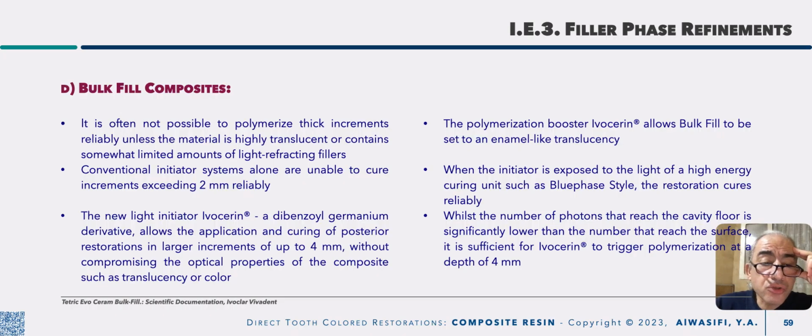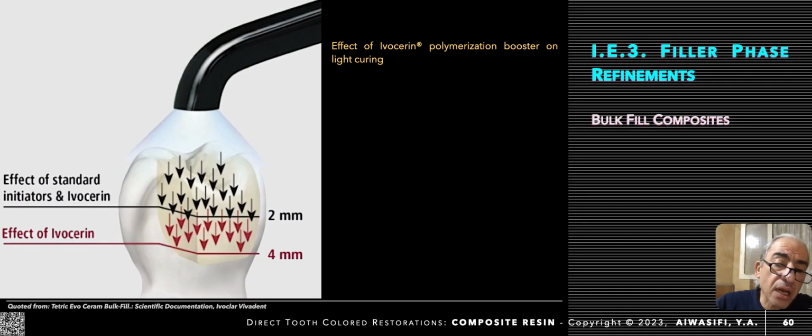Also, you have an ivoserine initiator that will transmit the light to the remaining additional composite layers, more than that or exceeding 2 millimeters, up to a maximum of 4 millimeters, at the expense of your composite being highly translucent.